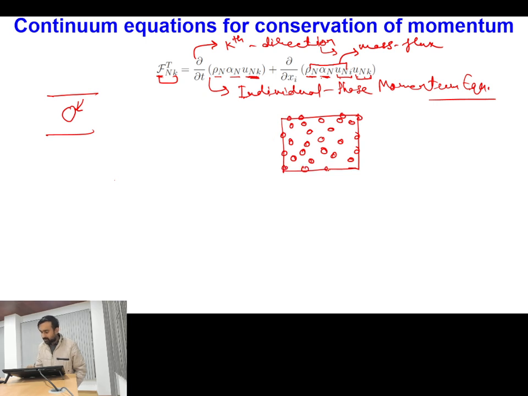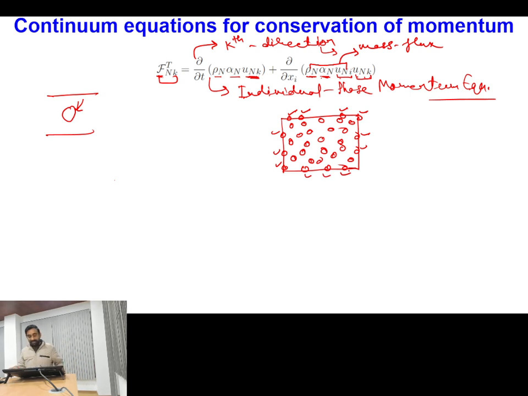This was the definition when I started deriving the continuity equation. In this assumption, if I consider this particle, these are some of the particles which are crossing the boundary of the control volume.